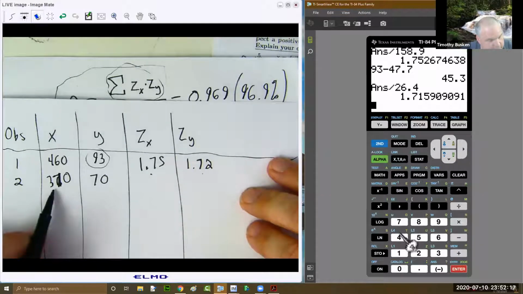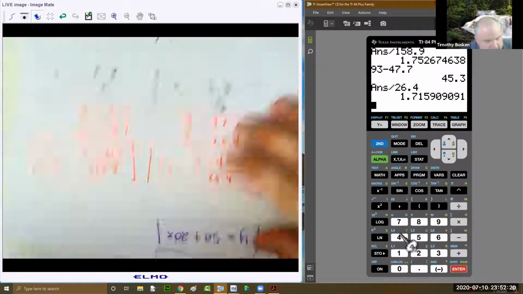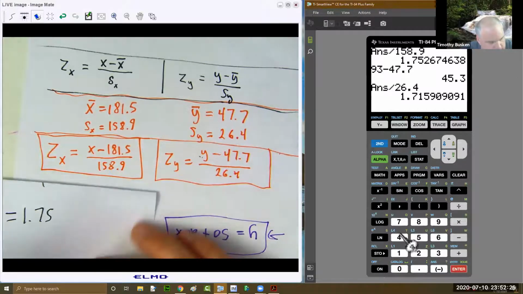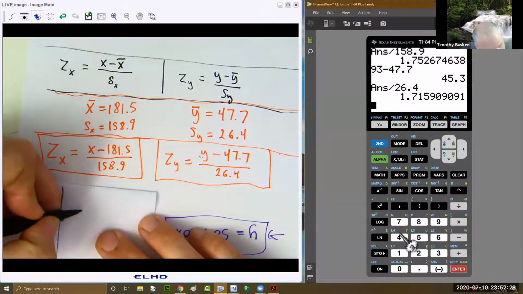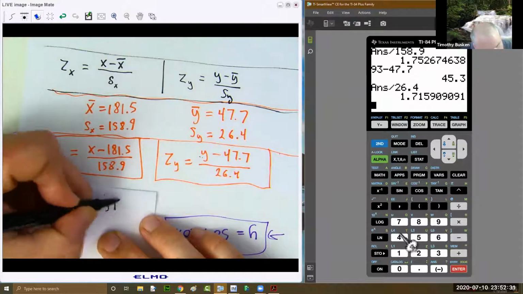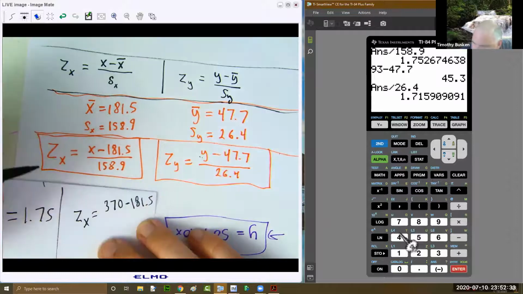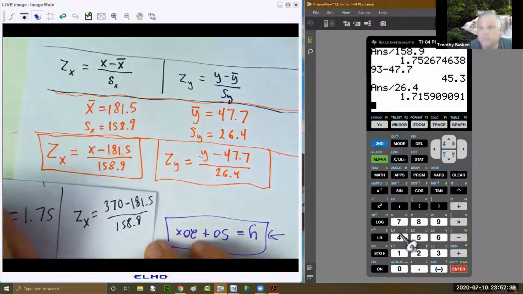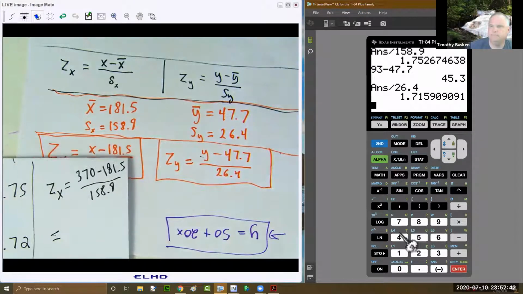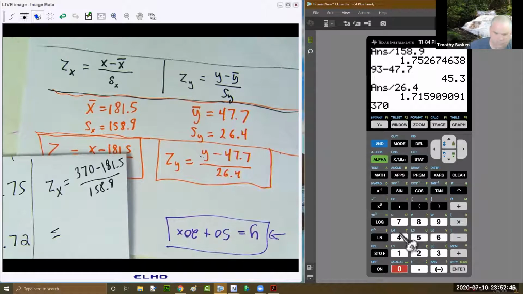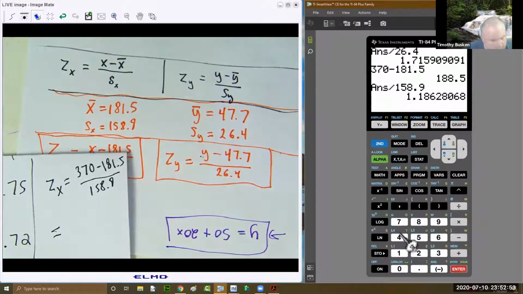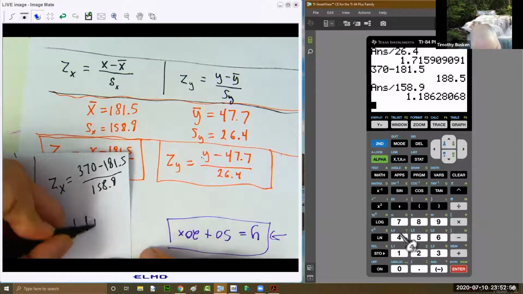So 370 has to go in for x. And we're getting about 1.19 standard deviations.